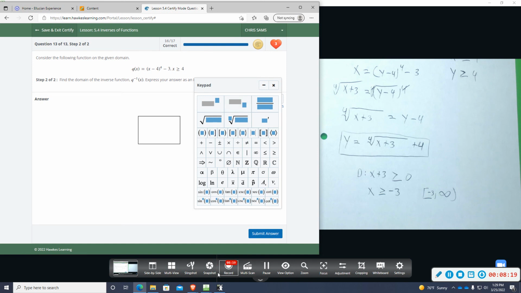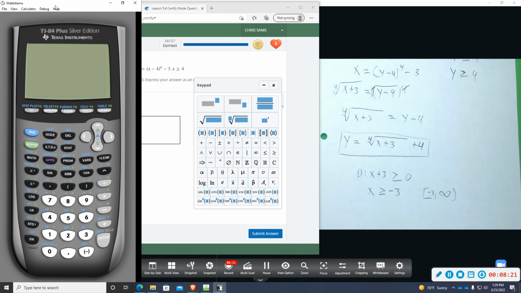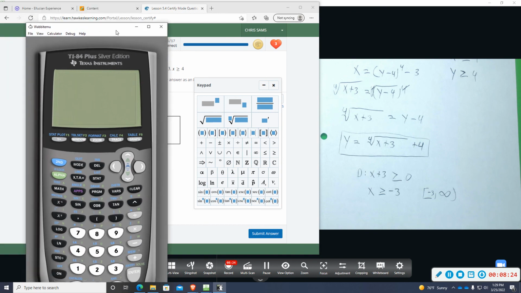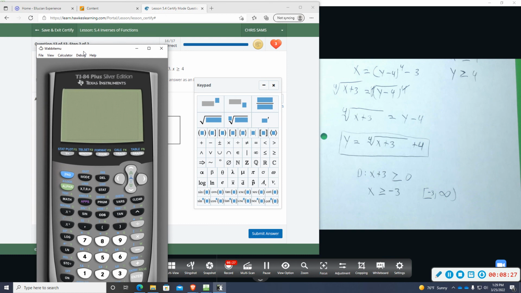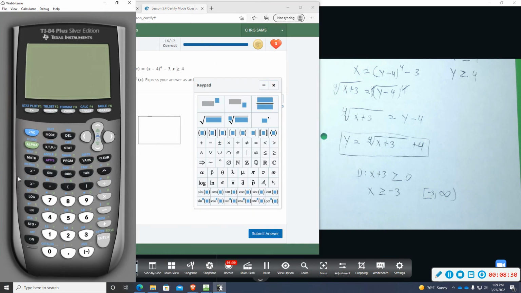Let's look at the graph and see if that helps shed some light. Clear out what we have. All right, so I'm going to just graph this whole thing. Go to math. Have to do this option number 5 for specific root, and I can put the 4 there, and then actually I want to do this in parentheses. I guess it wouldn't matter.